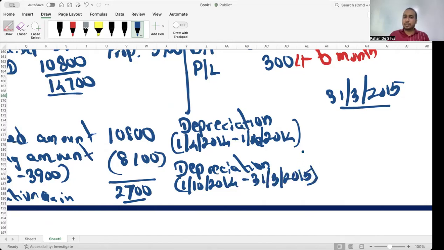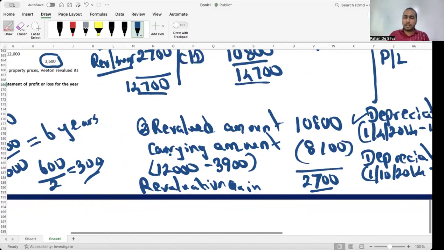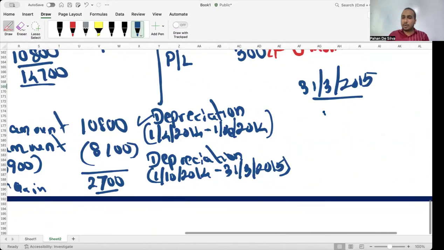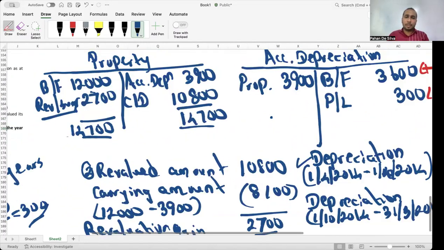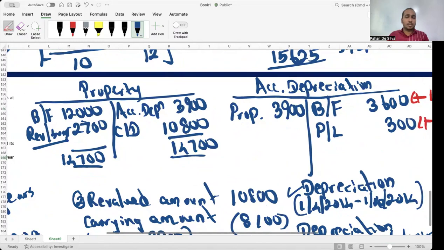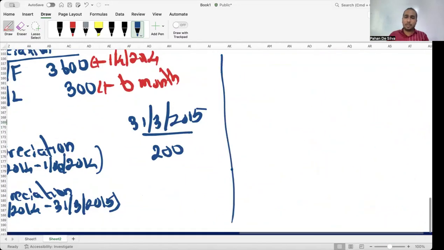The first part we have already calculated: 600 divided by 2 means 300. There is no issue on that. But the second part we have to calculate. After the revaluation, we have eliminated all the depreciation and the remaining balance of our property is 10,800. Now you have to calculate the depreciation based on this new value. What is the new depreciation?